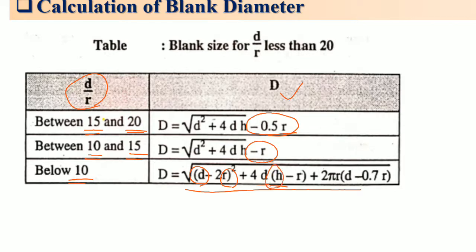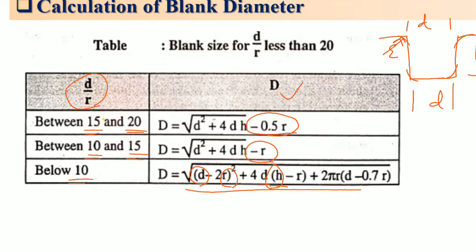Suppose this is our shell. Here there are corners, and this corner radius is small r. Then the height is h and the diameter is small d.